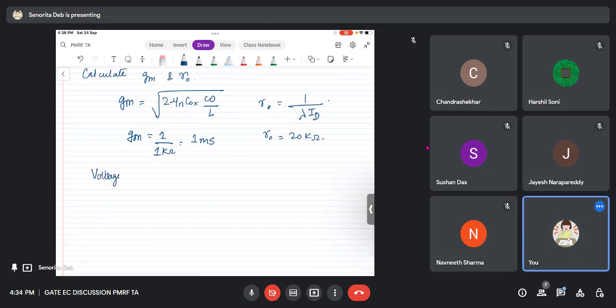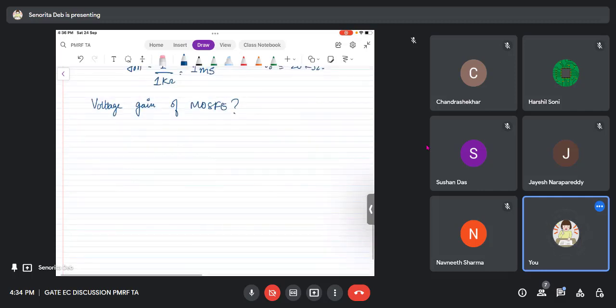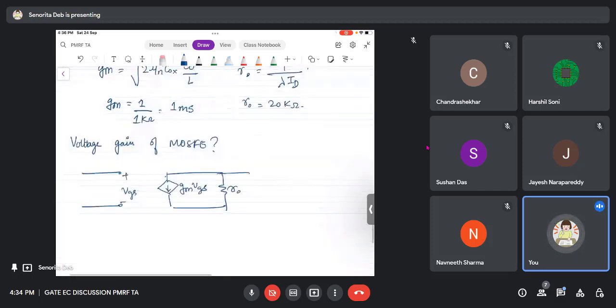So what is the voltage gain of the MOSFET? Let's see. We draw the small signal model like this, right? This is R naught, right? So now I am saying that the MOSFET is like this.